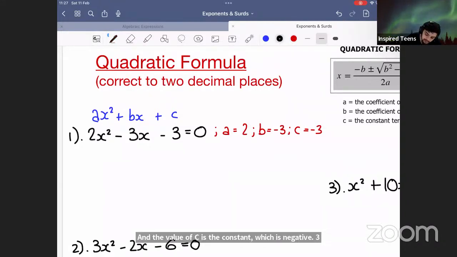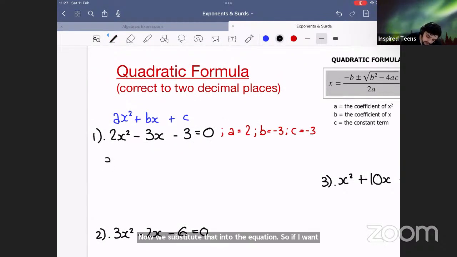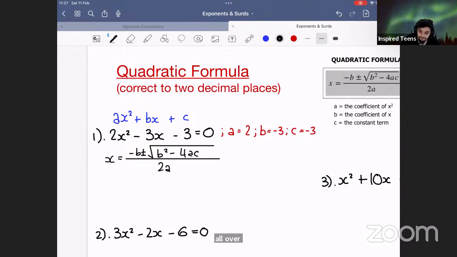Now we substitute that into this equation. To solve for the values of x, I'll say x is equal to -b plus minus the square root of b squared minus 4ac, all over 2a. So I substitute my values.